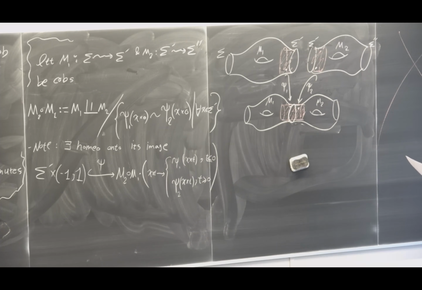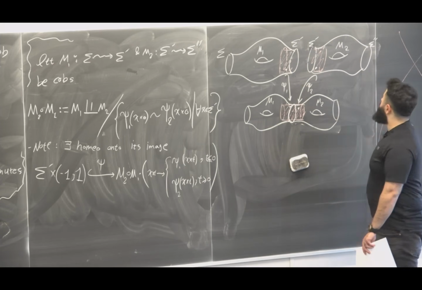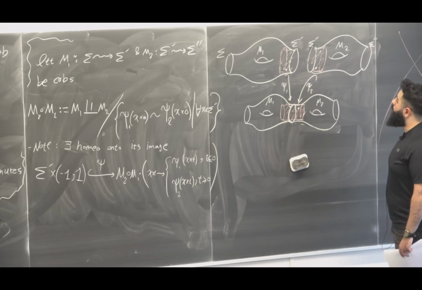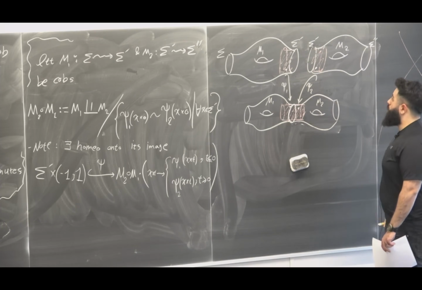So here's a remark that the smooth structure depends on the choice of collar. Two choices are diffeomorphic to each other. The orientation at a point is induced from either M1, M2, or the collar, right? Because let's say M2 doesn't have an orientation, and sigma prime, the collar here, doesn't have an orientation.